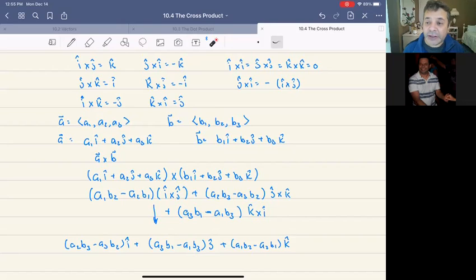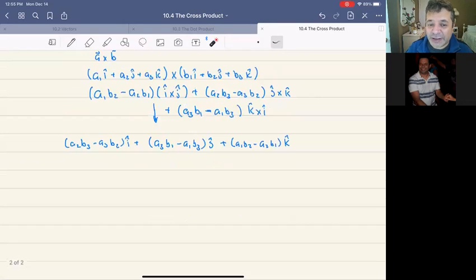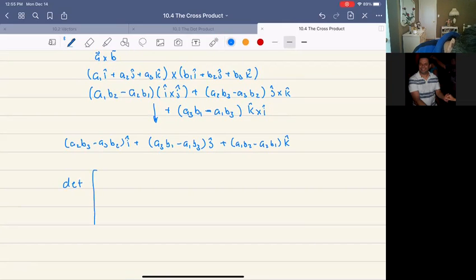Okay, so now we can do this actually as what's called a determinant. Let me write the matrix. So I'm going to put i here, j here, k here. I'm going to put a here and b here.